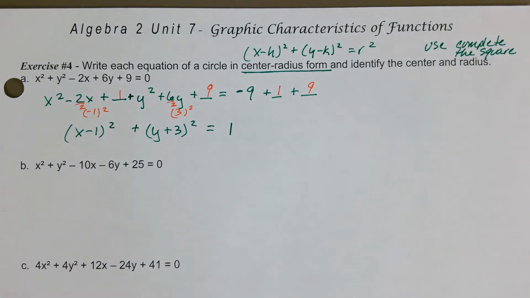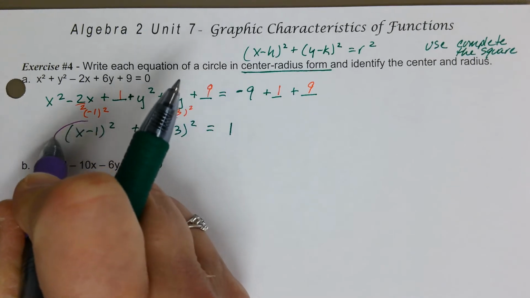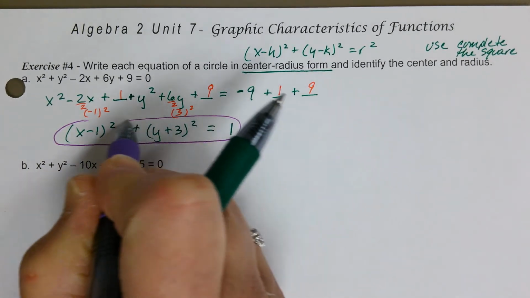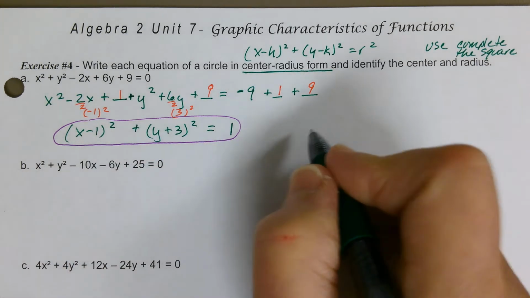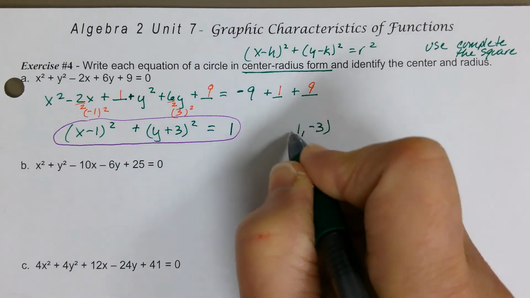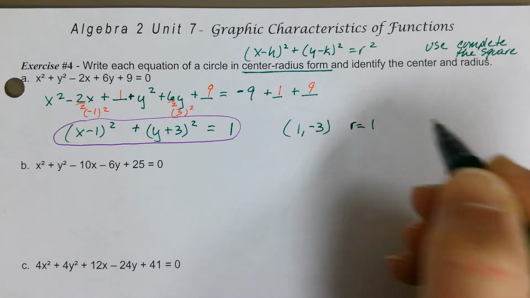This is our equation in center radius form. Pulling out its center is 1, negative 3, and the radius is 1.